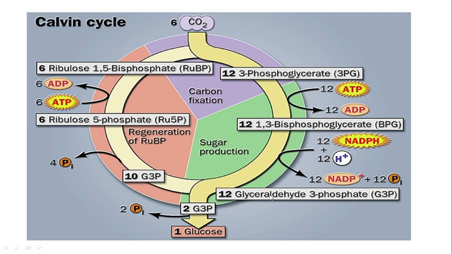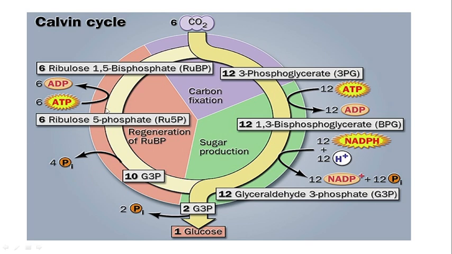Out of those 12 glyceraldehyde 3-phosphate, 2 molecules will be used for the production of sugar or glucose molecule, and the 10 glyceraldehyde 3-phosphate will be converted into 6 ribulose 5-phosphate, that is here the regeneration of ribulose 5-phosphate is done from this glyceraldehyde 3-phosphate.